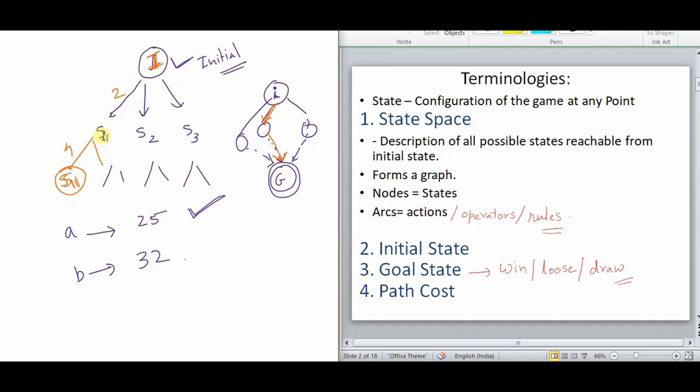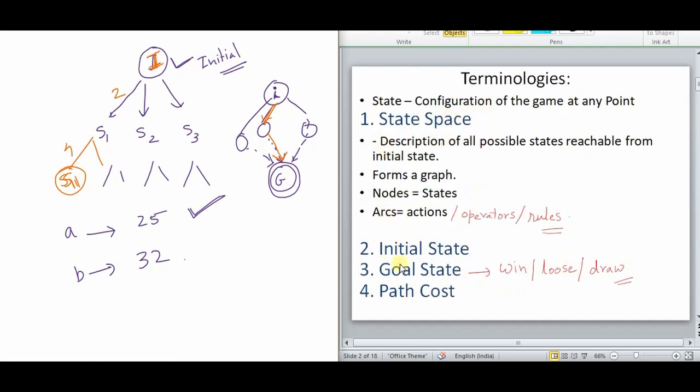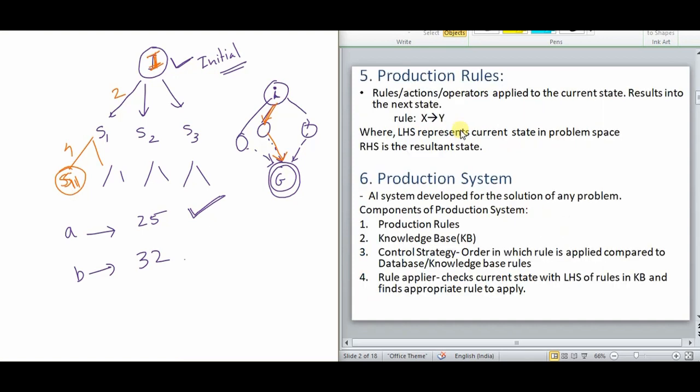It will be 2 plus 4, right? So path cost is nothing but the cost incurred in moving from one node to another node. So these are the main terminologies that you have to remember when you are talking about problems, problem spaces and searching these problem spaces. So this entire chapter is dedicated to this.